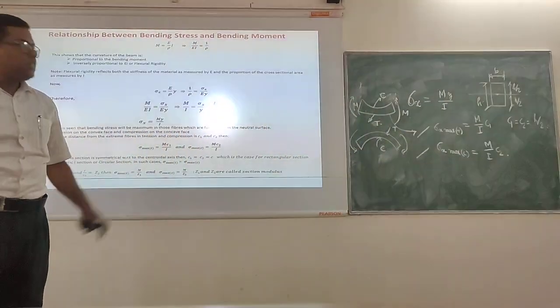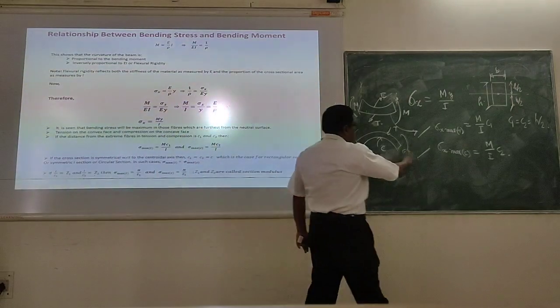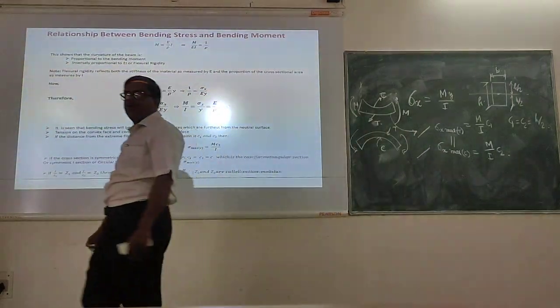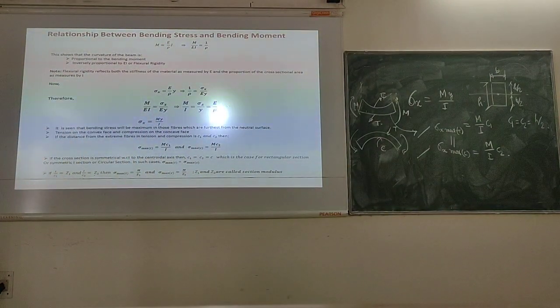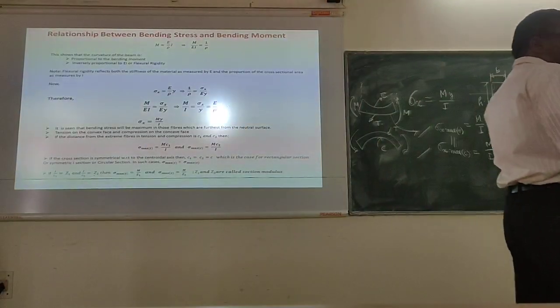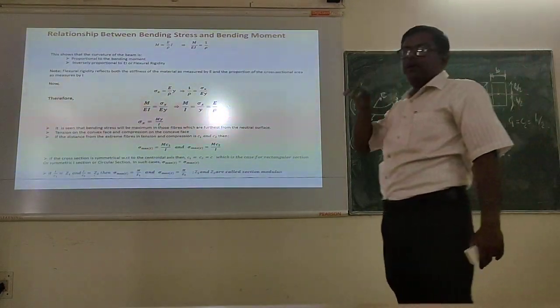If C1 becomes equal to C2, then what can you observe? The sigma x maximum tension and sigma x maximum compression will become equal. Will it come or not? So that means in case of a symmetric section, the bending stresses at the top fiber and the bottom fiber will remain the same.